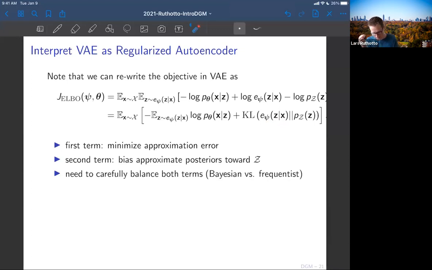In a Bayesian framework, basically you are tied to using these types of loss functions and this specific regularizer. Frequentists are a little bit more liberal in the sense that you could replace this by anything that penalizes non-Gaussianity. So if you think about the VAEs, you can design VAEs that way. The only thing you would lose is the lower bound interpretation.